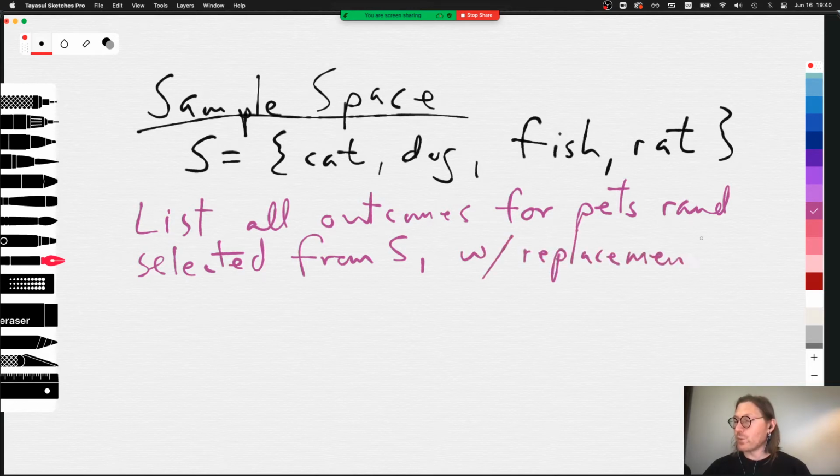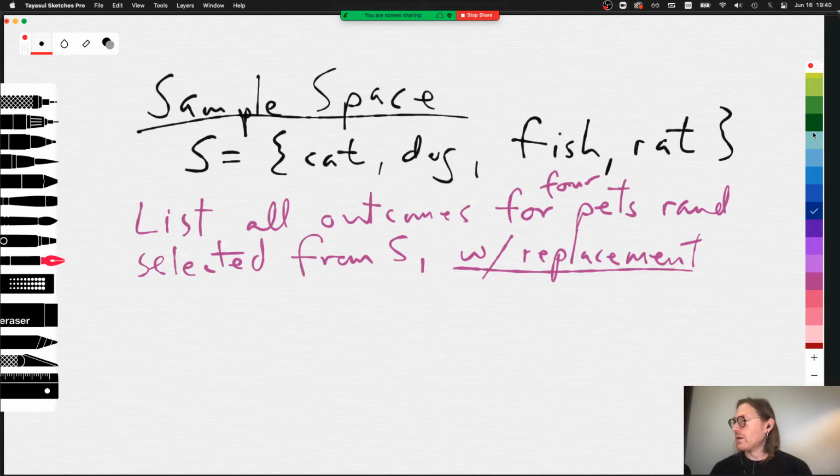Okay, what do I mean by with replacement? What I mean there is on our first pick, we might choose a cat, and then let's say we put the cat back. We can pick a cat on the second time as well, right? So we could potentially pick cat, cat, cat, cat, when we're choosing 4 pets.